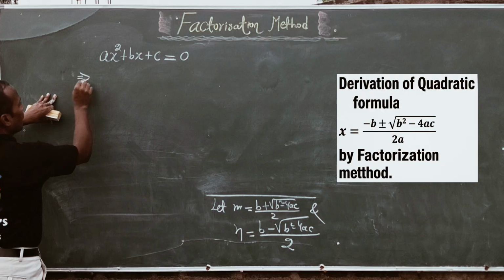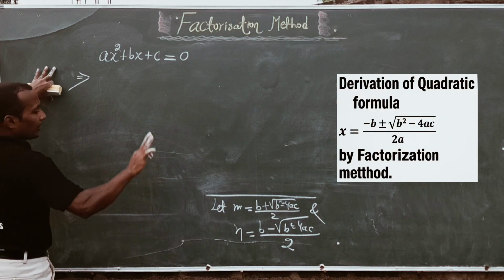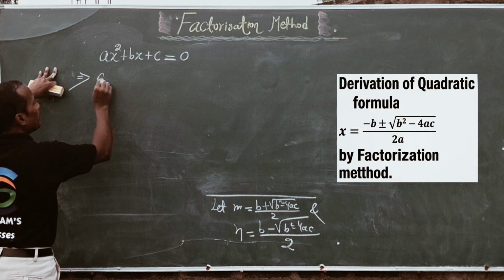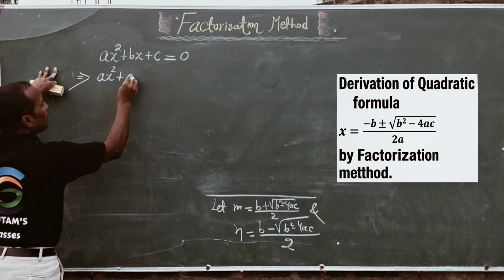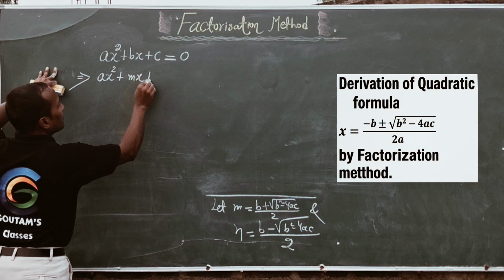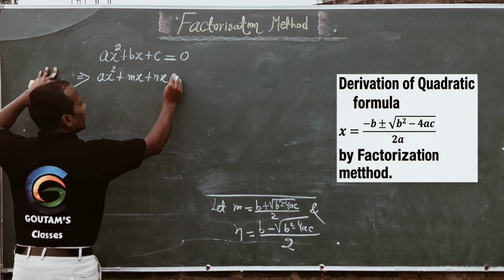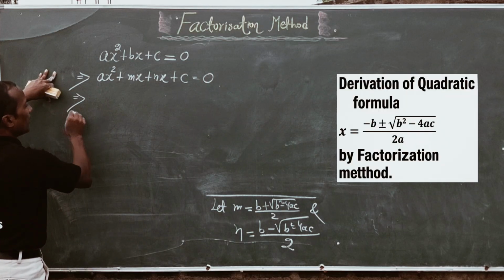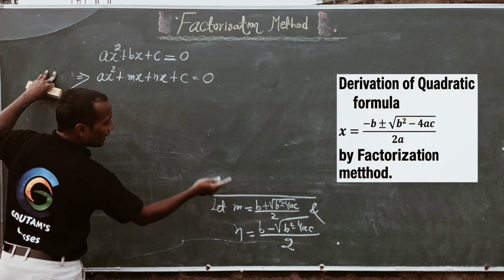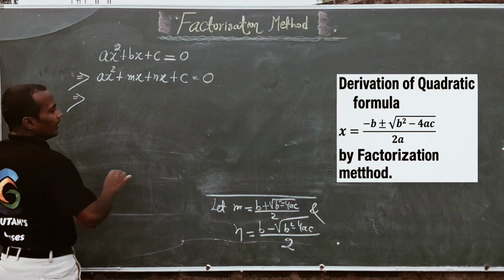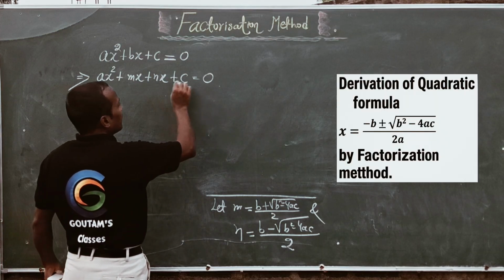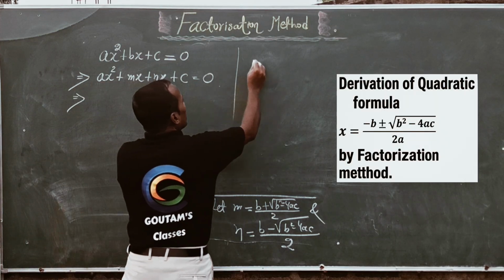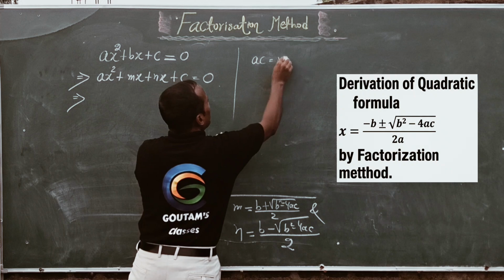See, as we have discussed already in our today's class, bx will be written as mx plus nx, and then plus c is equal to 0. Now, in place of m and n, I can apply this. But before that, let me do something else. We know that AC is equal to mn.